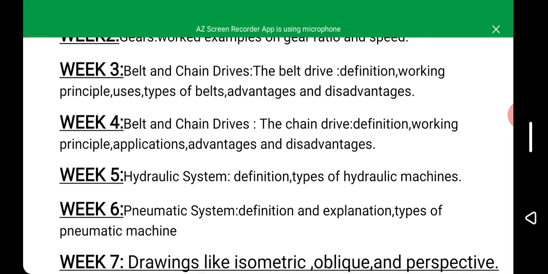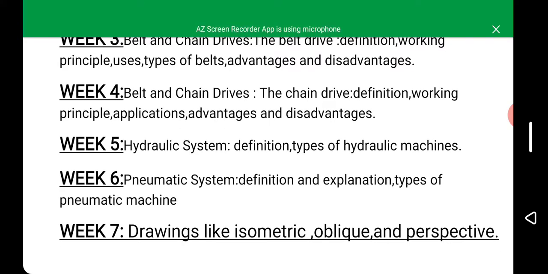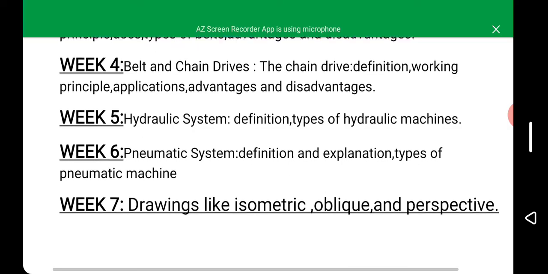Week 5, we revise hydraulic system, the definition and types of hydraulic machine. Week 6, pneumatic system. We define it and we also explain the types of pneumatic machine. Week 7, we go through all our drawings like isometric, oblique, and so on.